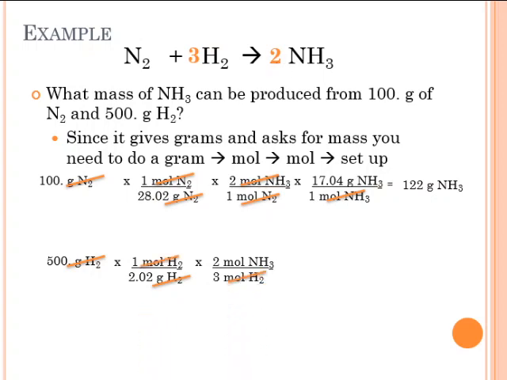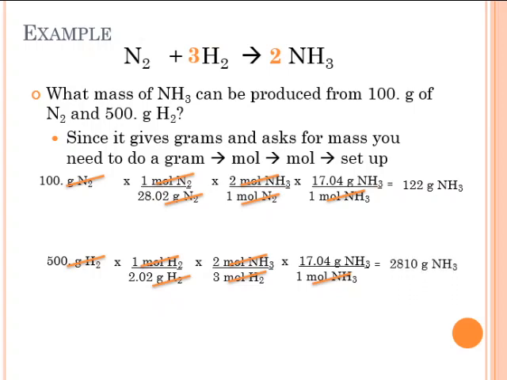Moles of hydrogen will cancel, but it wanted mass of ammonia. So we'll go ahead and use our molar mass of ammonia to convert it to grams, which is 17.04. Moles of ammonia will cancel to leave us grams of ammonia, which is what we're looking for.